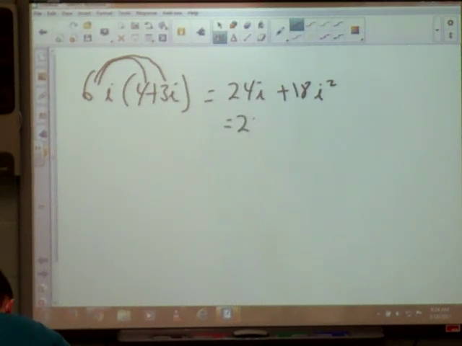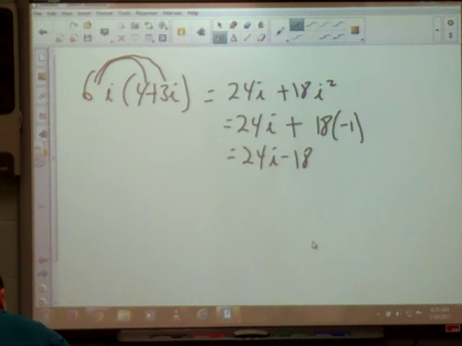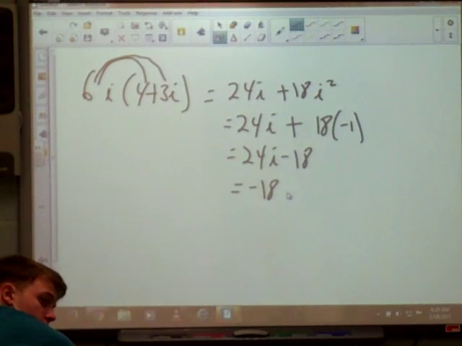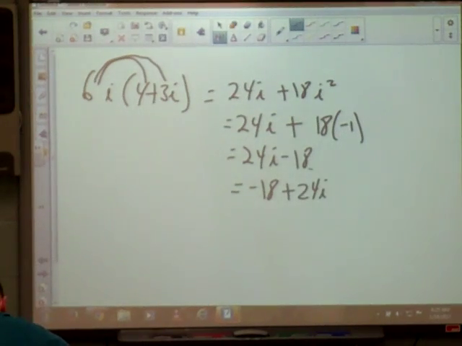So this makes 24i plus 18 times -1, which makes minus 18. So 24i minus 18. Now I got to do one more thing to it. That's not in standard form because my real number's not first. So I need to switch it. Make sure you get your signs in the right spot. That 18 has a minus, so it's going to be negative. My 24i is positive, so it'll be plus. That'll be it.